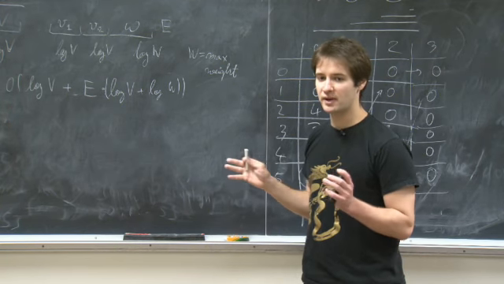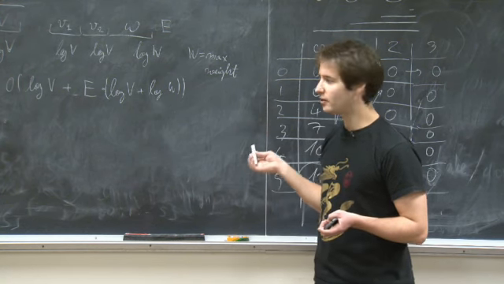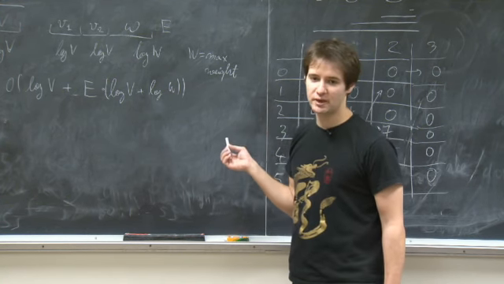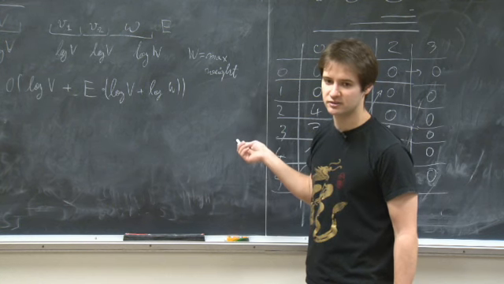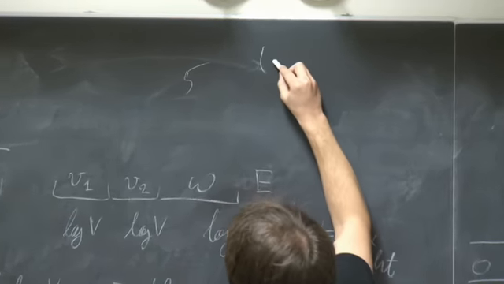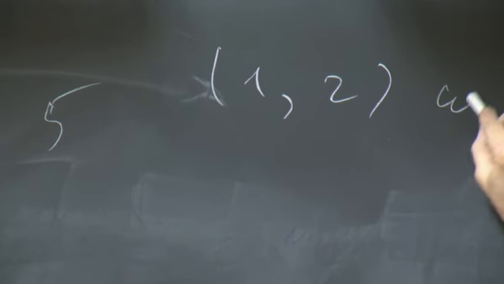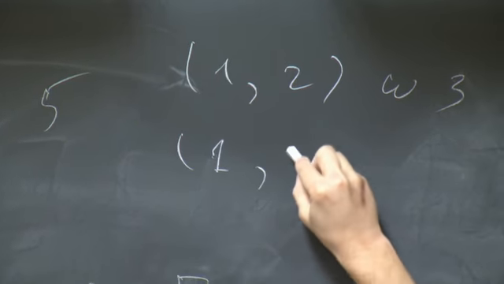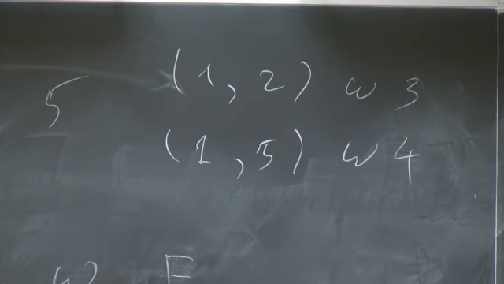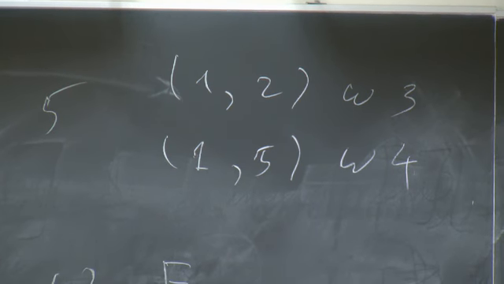The most compact representation of edges, or at least a reasonably compact one, is that you have the list of edges. So you have a graph that has 5 nodes, and then you have an edge that goes from 1 to 2, weight 3. An edge that goes from 1 to 5, weight 4. Do I need anything else for vertices? Not really.